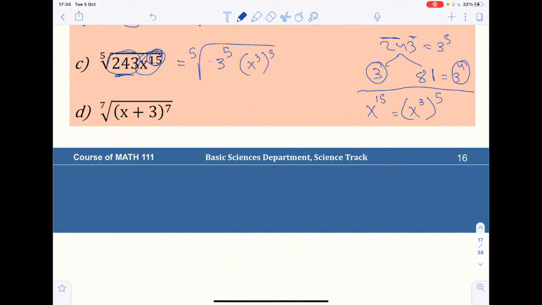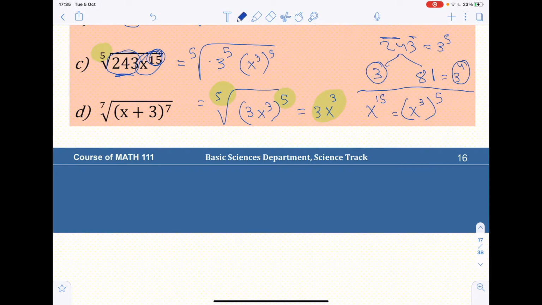Now I can write 3x to the power 3 all to the power 5. Now I cancel the power with the root, so I'm left with 3x to the power 3. Again, since the power here is odd, I don't have to put the result in absolute values.